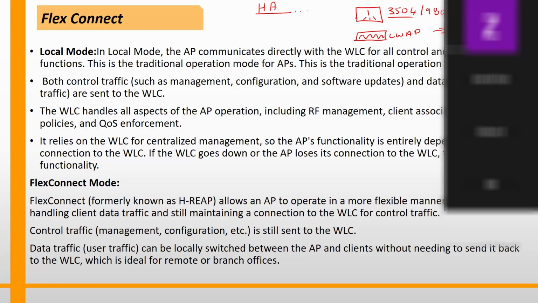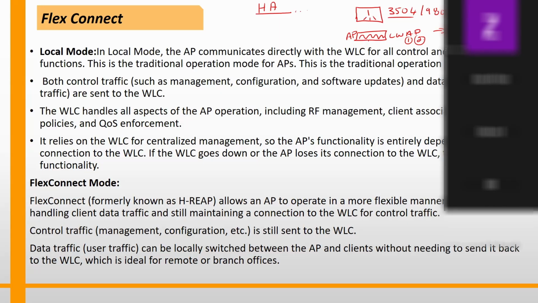So what is a mode? A mode is nothing but the role of the access point, whether it is serving clients or whether it is for network management. These are the two things the lightweight access point can do. Either it can serve the clients, or it can do monitoring, sniffing, or packet capture, being dedicatedly used for that.